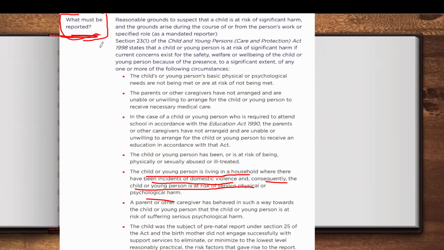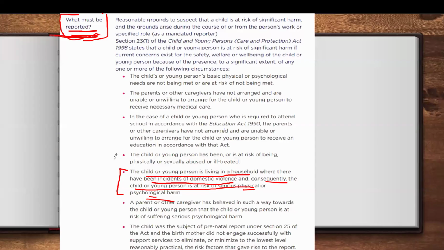So under the New South Wales guidelines, if there is domestic violence in the house and children are at risk of psychological or physical harm, you need to report to child protection services. In some states of Australia, it is mandatory reporting. In some states like Victoria, it is just voluntary reporting that you can report.